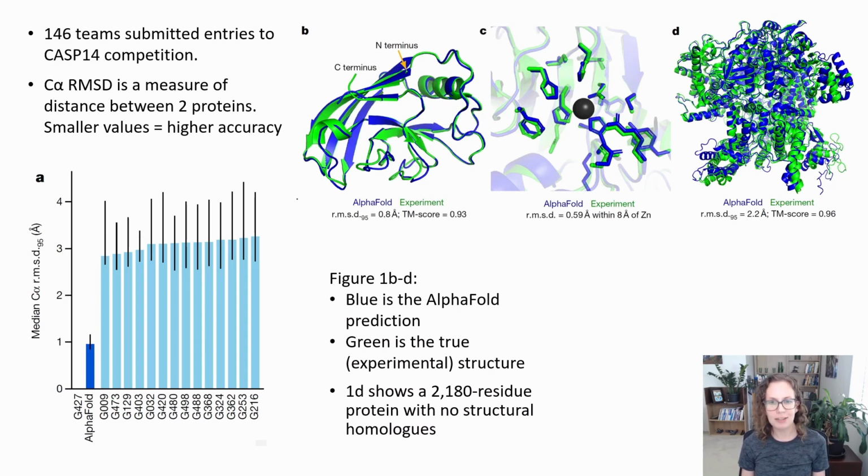And AlphaFold still did well on it, although not as well as the simpler proteins. Also, a point out for later that you can see even the second through 15th place teams, in general, their median alpha carbon root mean square deviation was closer to 3 angstroms, whereas AlphaFold was around 1 angstrom. And I'll reference that later.